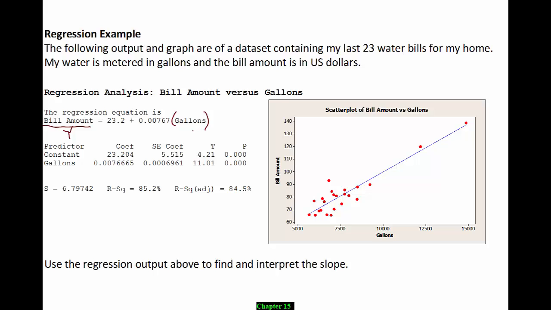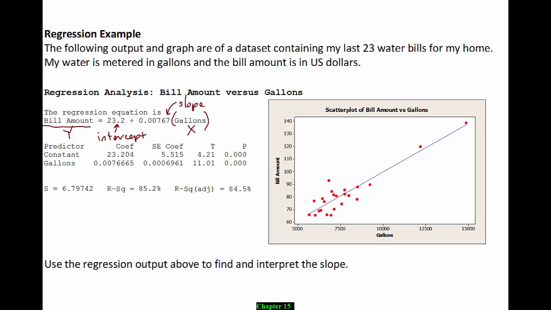Notice that gallons is on my horizontal axis. It's my predictor variable. It's the x. So which one's the slope and which one's the intercept? This is the intercept. And this one is the slope. The slope is the value that's multiplied by the x variable.